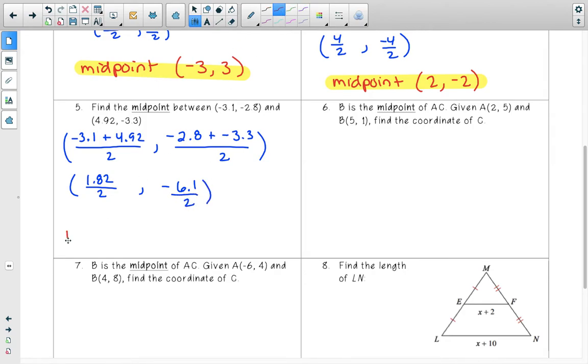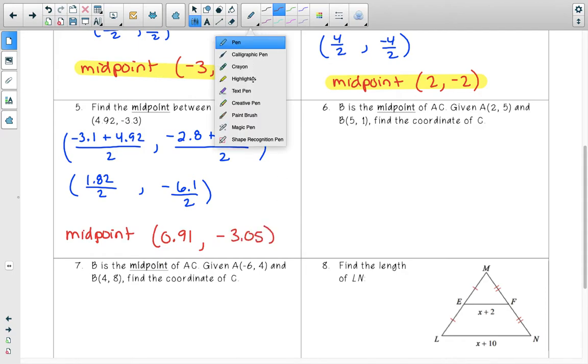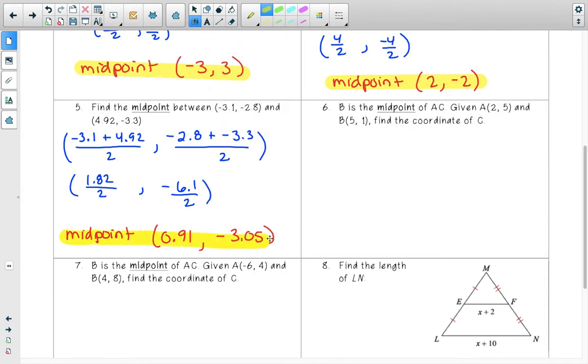So our midpoint, when we divide these by 2, we will get 0 and 91 hundredths, comma, negative 3 and 5 hundredths is our midpoint. Decimals, you can still add and subtract, and we can still divide.